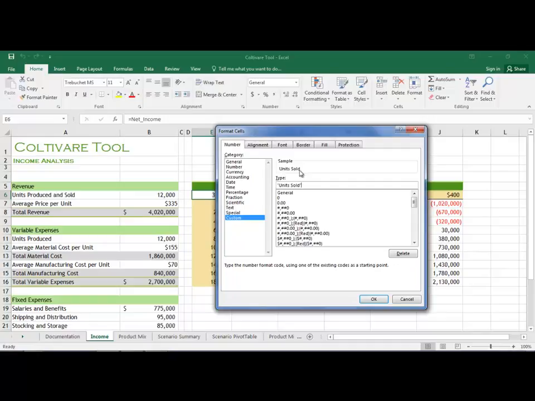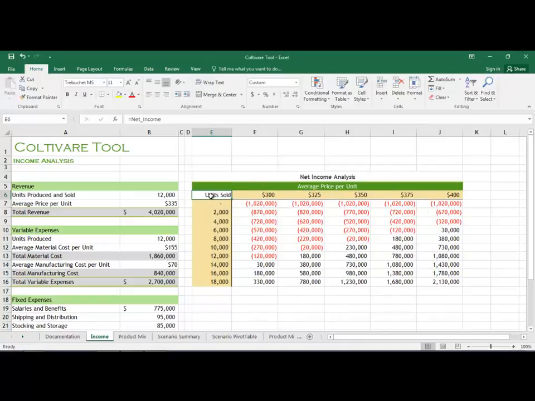So you can see my sample up here says units sold, and when I hit OK, you can see it says units sold right there. So that looks really good. People understand, oh, here's units sold, but really behind the scenes you can see that there's a formula behind there looking for the net income. And that lets me build out my net income analysis for this particular setup.